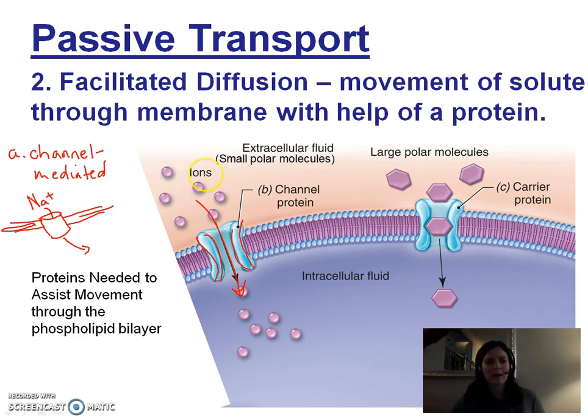So this allows ions like sodium, chloride, potassium, you see these electrical charges that would normally get bounced out of the membrane itself, they're able to pass right through because they're being shielded by this channel protein. And that's a pretty handy thing because we need all these ions to flow through on a regular basis to help us with membrane transport, to help us with muscle, to help us with nerve transmission, all of that.